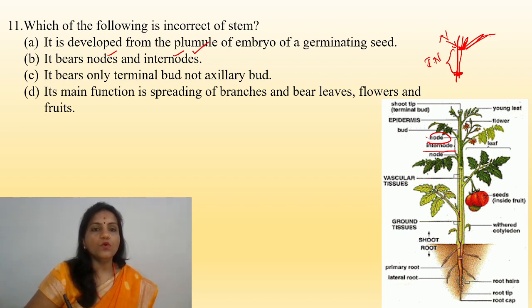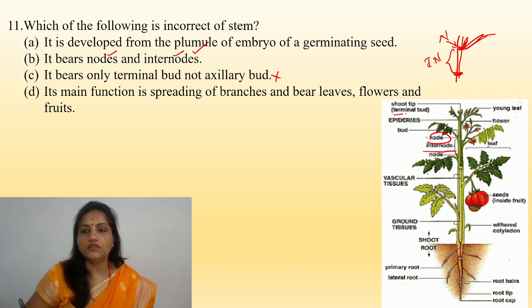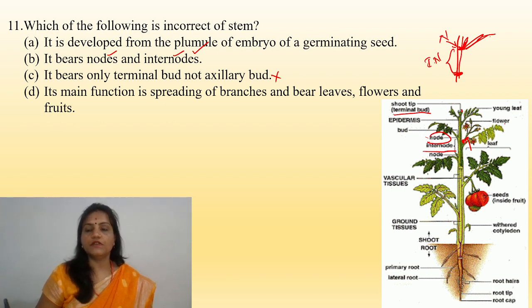It bears only terminal bud but not axillary bud. No, this is wrong because you can see here in the shoot you find a terminal bud, but you can also see here there was an axillary bud initially which is giving rise to a further branch, which bears flowers and fruits.